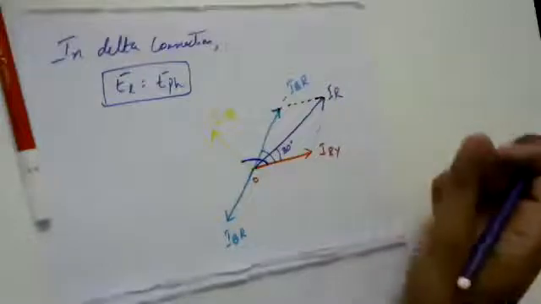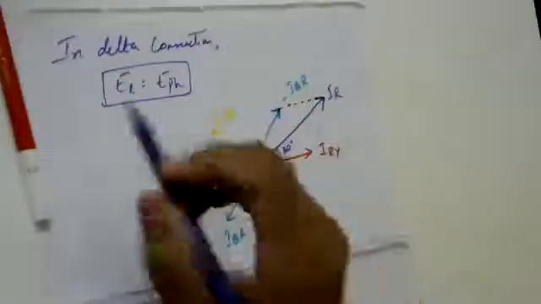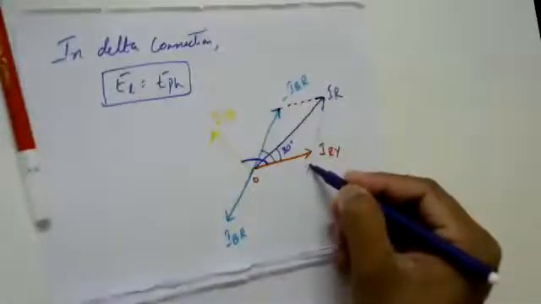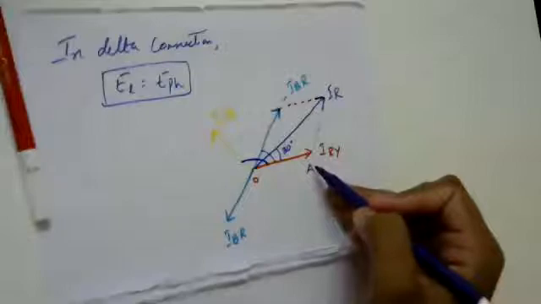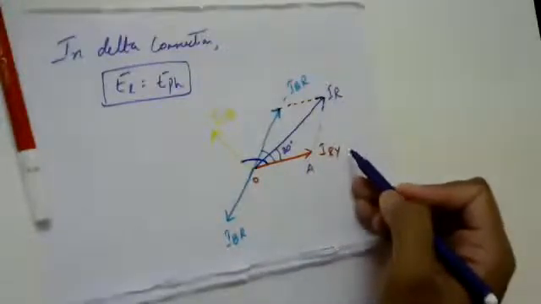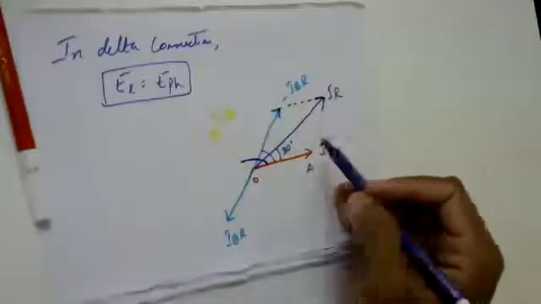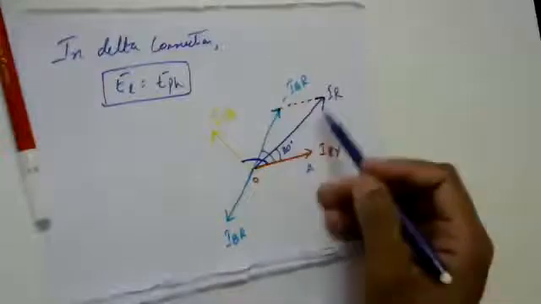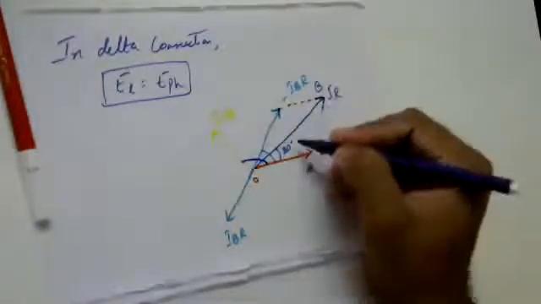Now, let me call this OA, which is nothing but the length of the vector IRY. And let me call the resultant vector OB.